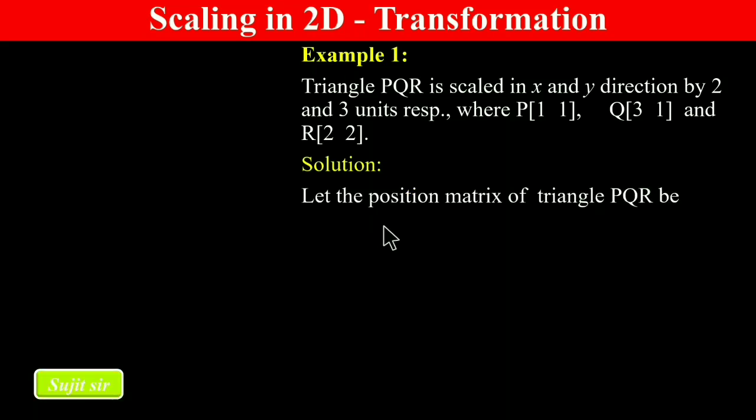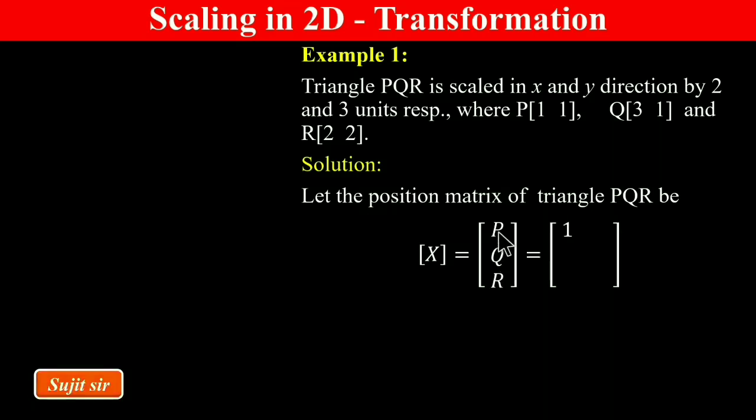First we have to represent this triangle PQR in matrix form as X, which is a column matrix of P, Q, R, where the point P, 1 1, is the first row, Q, 3 1, is the second row, and R, 2 2, is the third row. So this matrix X is nothing but the position matrix of the triangle PQR.